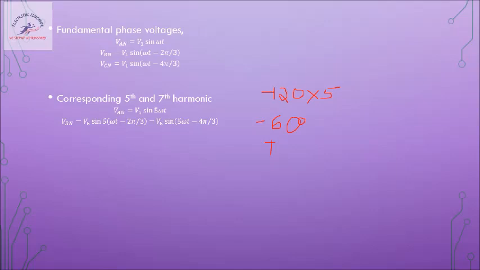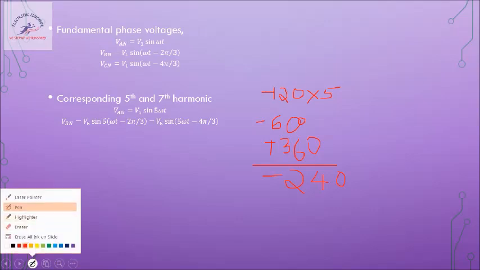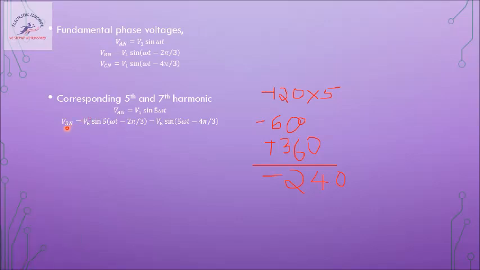So I will add 360 degrees to minus 600, and what I get is minus 240 degrees.